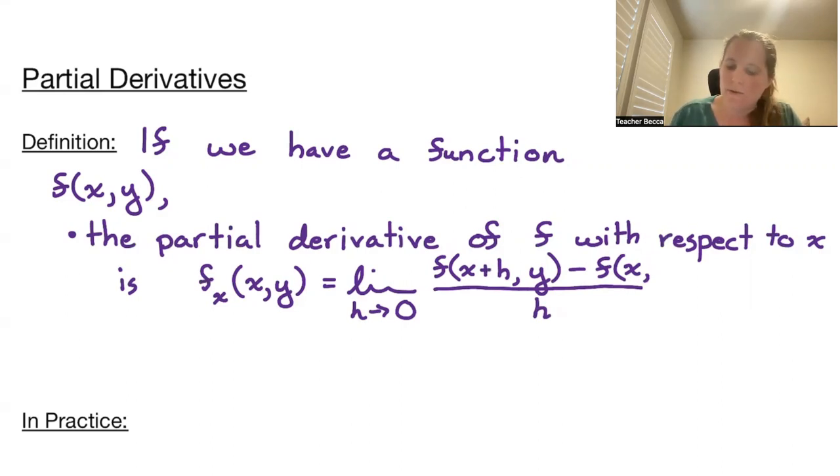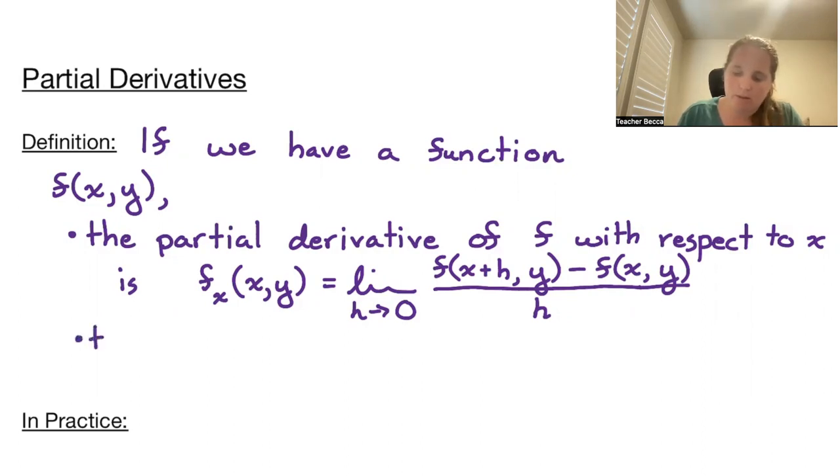So essentially we're viewing y as a fixed point, and only looking at the derivative in the x direction. If we go a small increment in the x direction, we keep y fixed. This is our partial derivative with respect to x.